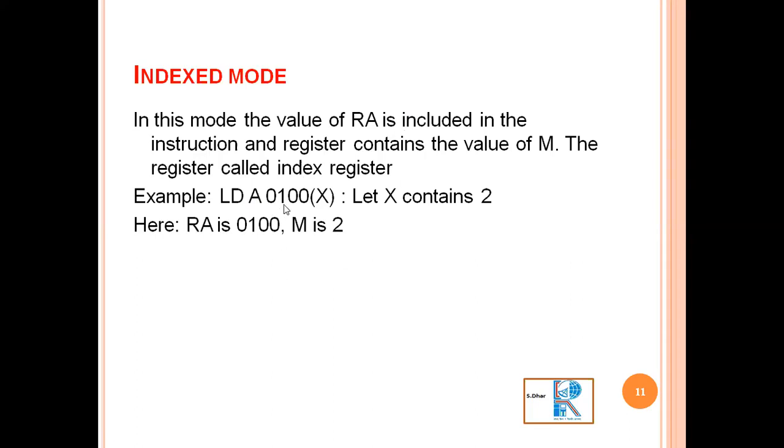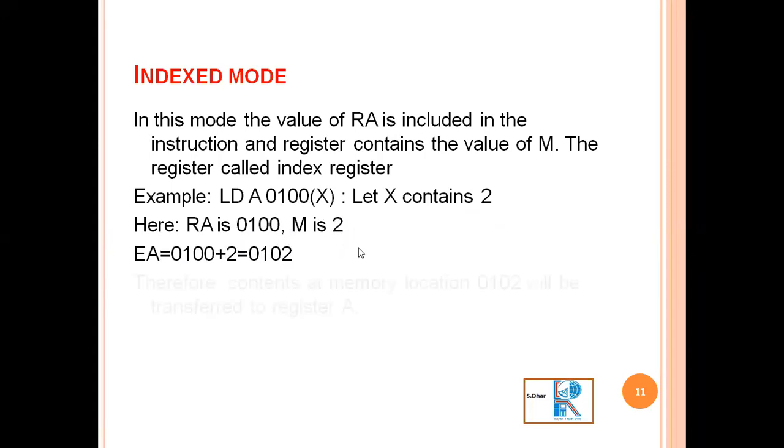See here 0011010, this is the address of the particular data. This is the reference address, not the original address or effective address. And here X is the register which contains the modifier. So suppose X contains 2. So the reference address is 0100 and the modifier is 2.